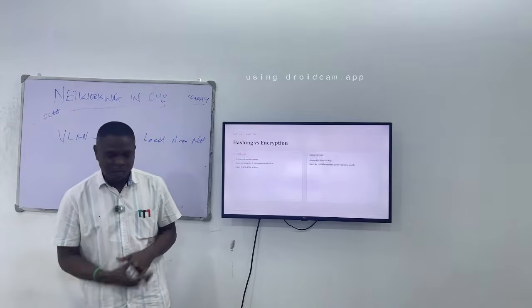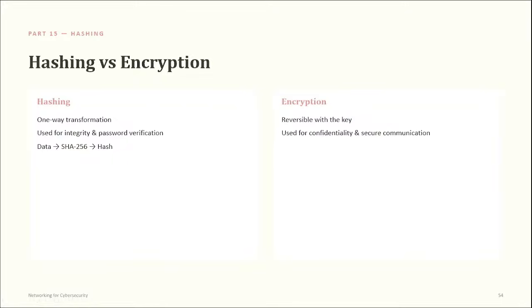Next we'll talk about hashing versus encryption. Like I said, hashing is a one-way cryptographic function. The other day I used juice as an example. If you turn an apple into juice, you can't turn the juice back into an apple.